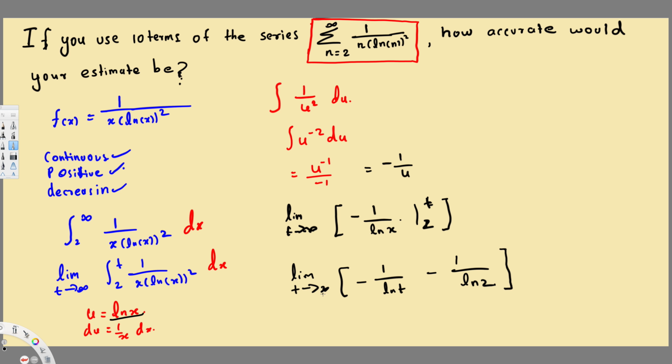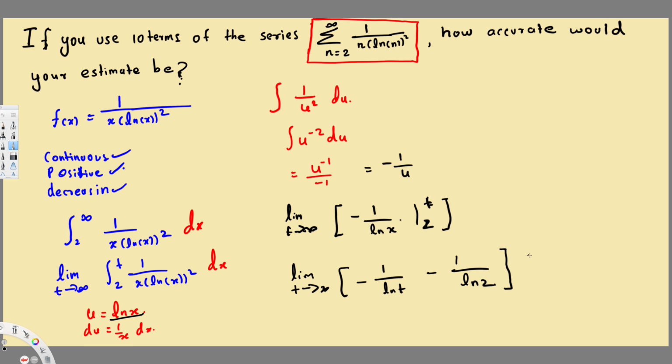If we substitute infinity for this t value, what are we going to get? We are dividing 1 by infinity, and that's going to give us 0 right here. So we end up with negative 1 over ln 2, but we have a negative in front of this, which makes it positive.